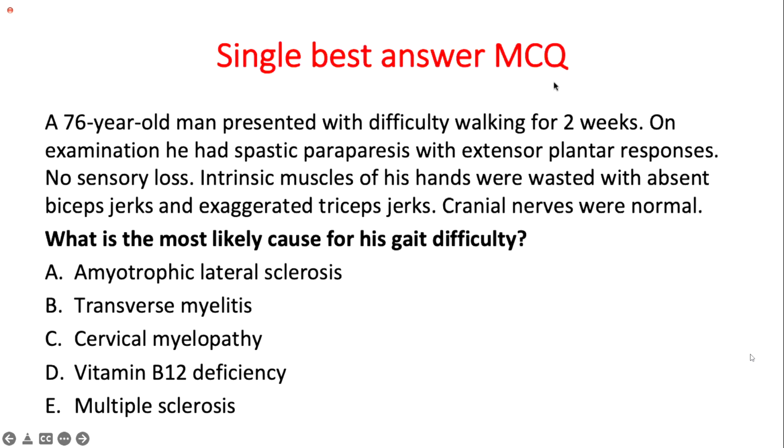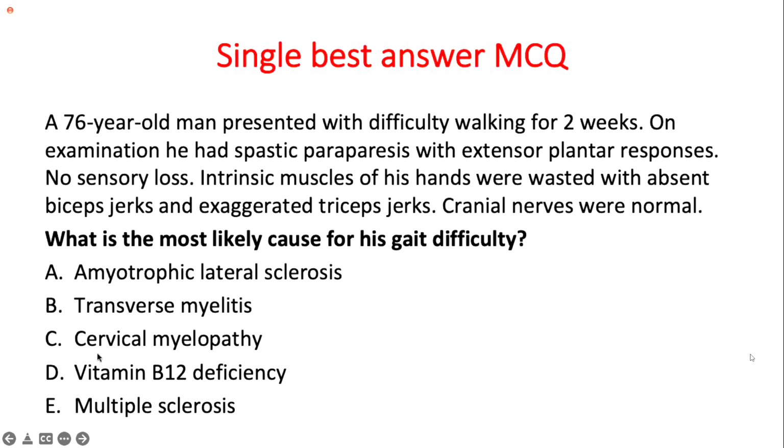It's a chronic problem. That you will learn tomorrow when we do the lecture, that amyotrophic lateral sclerosis doesn't occur within 2 weeks. So your correct answer is cervical myelopathy.